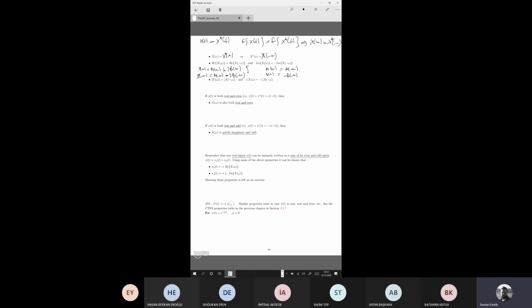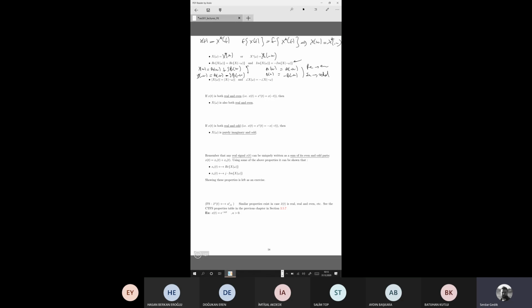So this is the consequence of this fact. It tells you that the real part is actually even. Can you see that the real part is even? So a of omega is equal to a of minus omega. So the real part is even, and the imaginary part is actually odd. So you can write this as well.